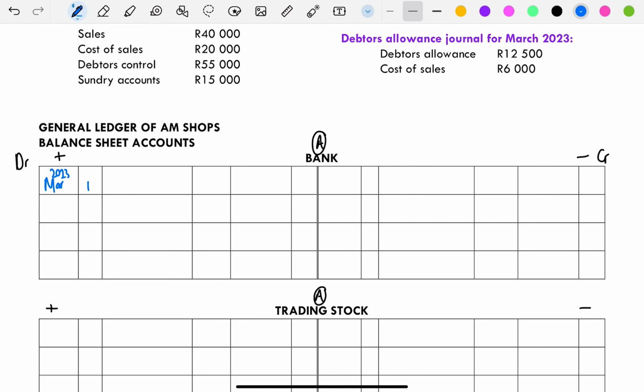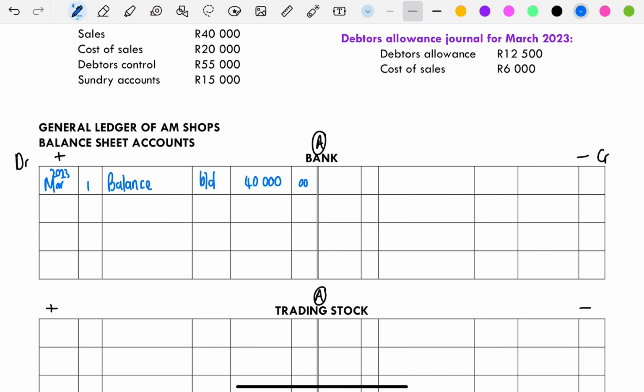The day is day 1, and this is a balance. So we write balance brought down, so B/D stands for brought down, meaning it's coming from a previous month. This is money we made in a previous month. And then the amount was 40,000 with no cents.